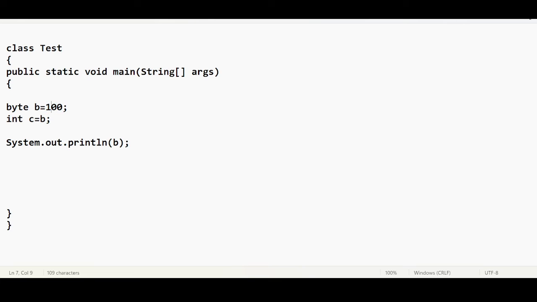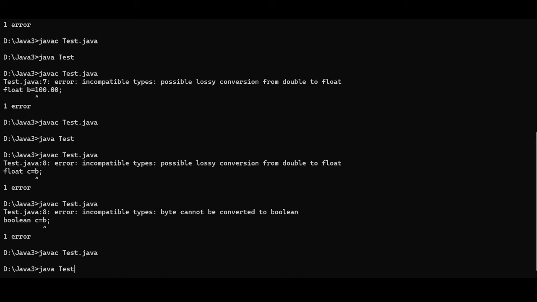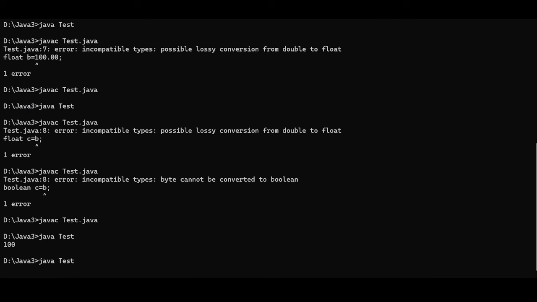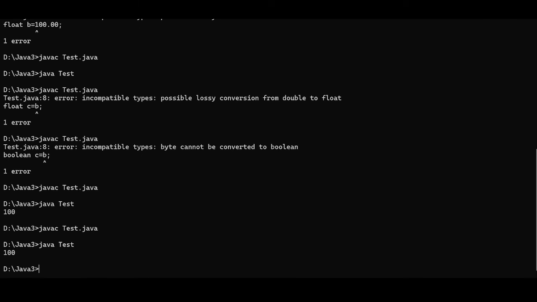The value of 100 will never get manipulated. There will be no data loss. But for downcasting, there will be data loss, which we are going to discuss now. If I run the output, the value will be preserved as 100 itself, no matter whether it is int or long. The exact value is preserved.